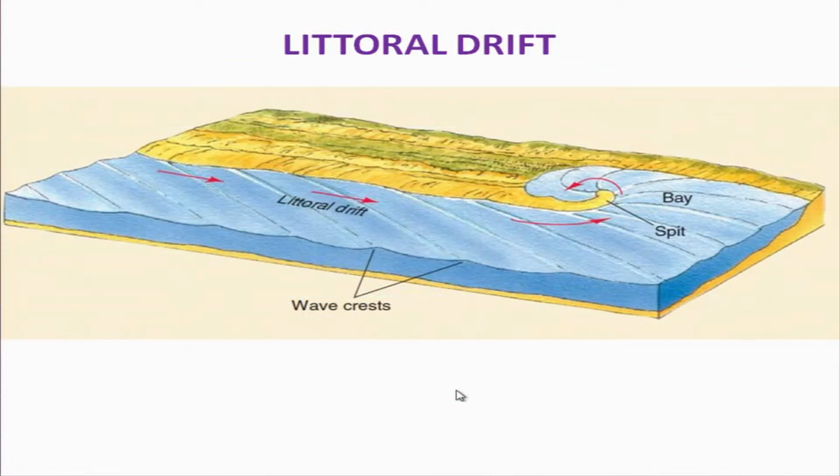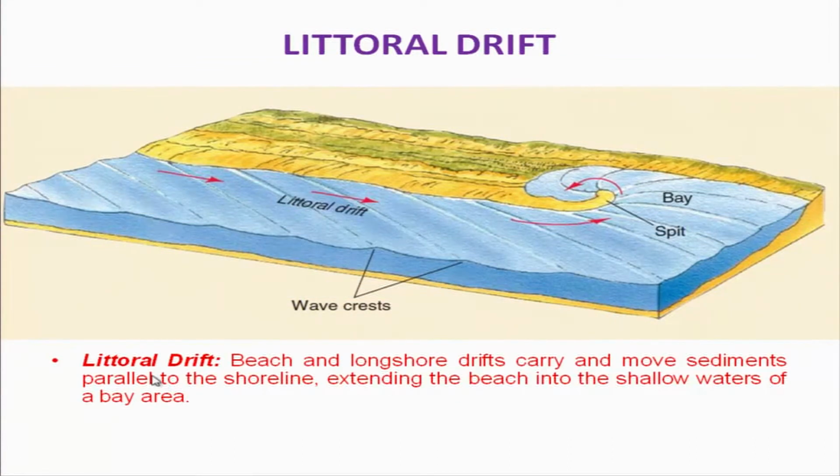And the third one is the littoral drift, where beach and the longshore drift carry and move sediments parallel to the shore, similar to what you were looking at in the longshore drift. And this process will result in extending the beach into the shallow waters of a bay area.